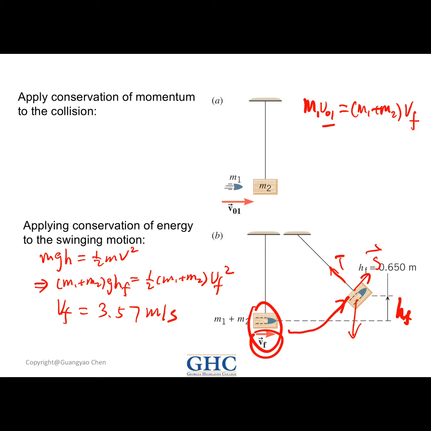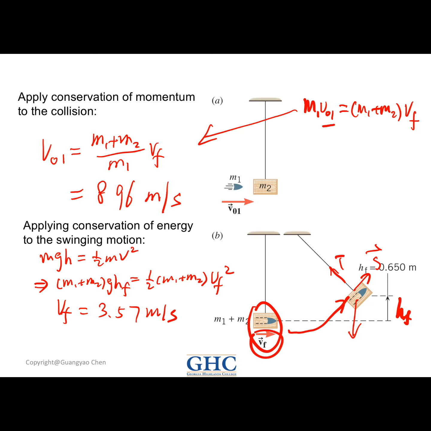Now we have found vf, we can solve for v01 from this equation. If you plug in the numbers from the problem, it is 896 meters per second.